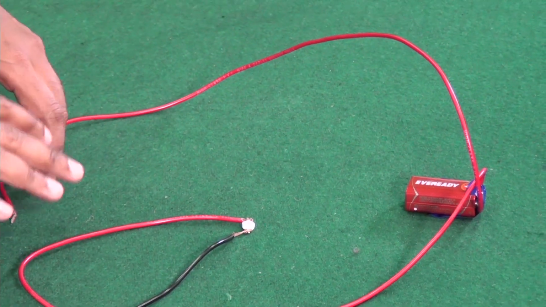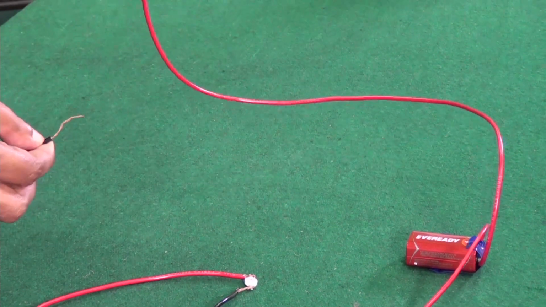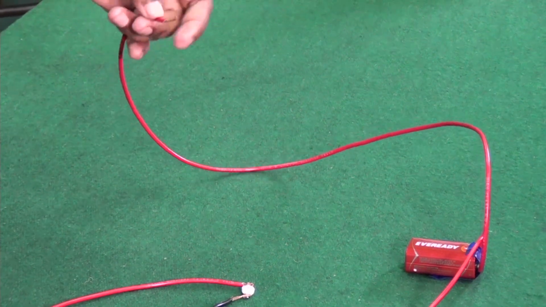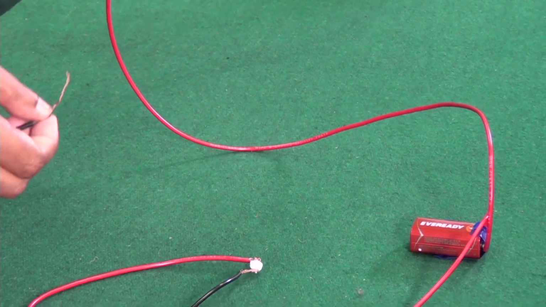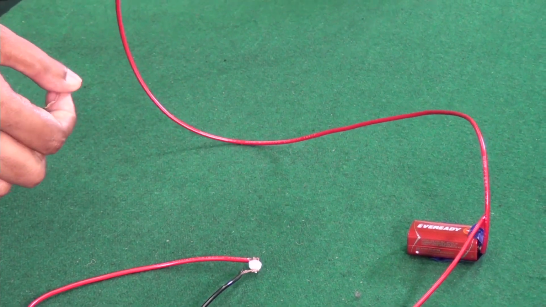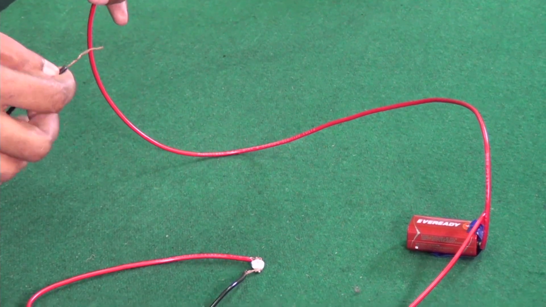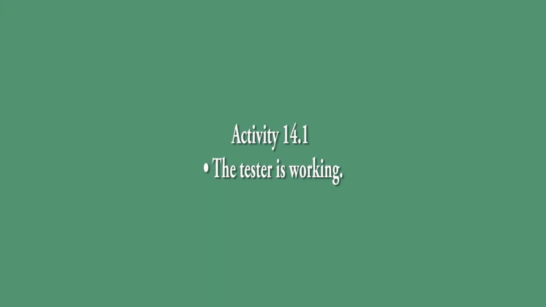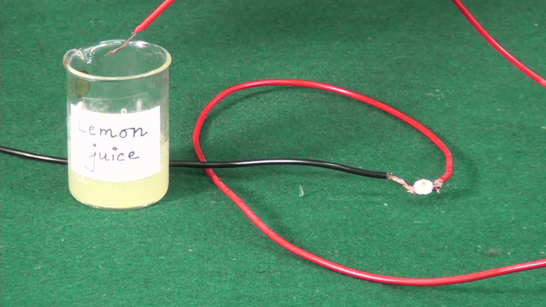And when we open the circuit, that is, remove the two leads from touching each other, the light goes off. This means there is no current in the system now. So what we have established here is that our tester is working, and this was the first activity, activity 14.1 outlined in the chapter.